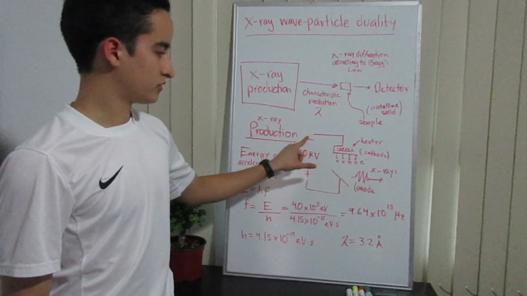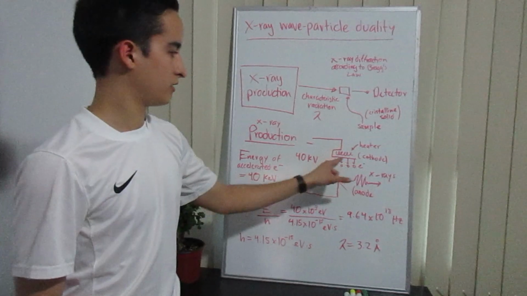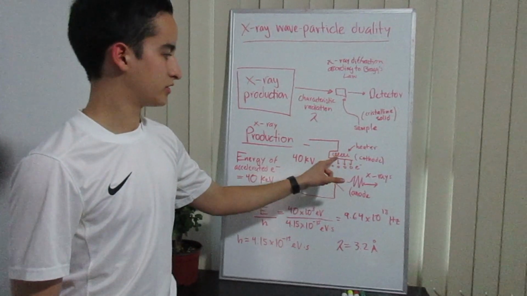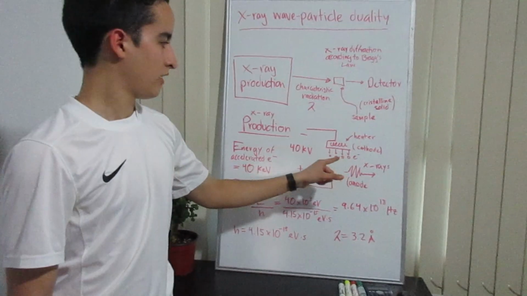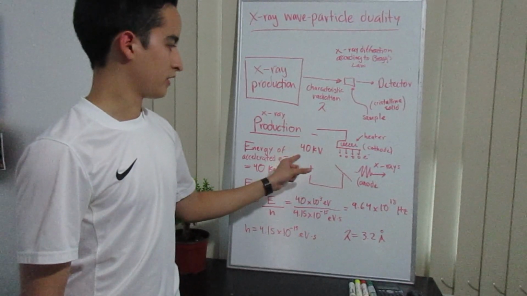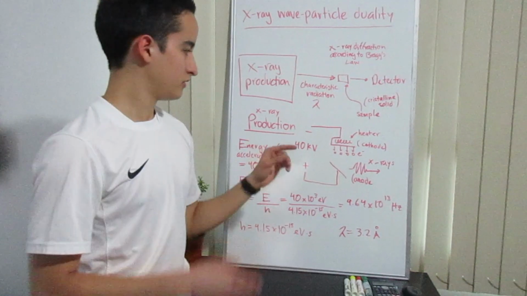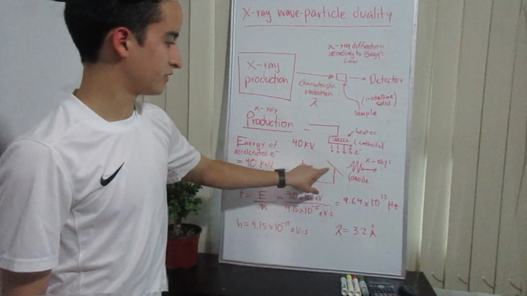So we have electrons at the cathode, and here we position a heater which expels the electrons. And these expelled electrons have precisely 40 kiloelectron volts of energy. And that acceleration changes when they arrive at the anode.